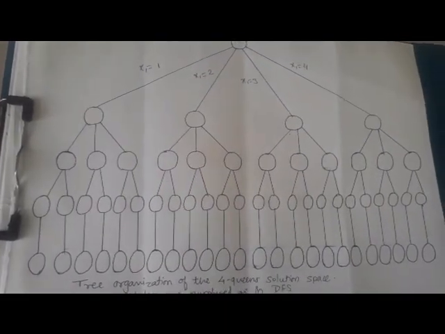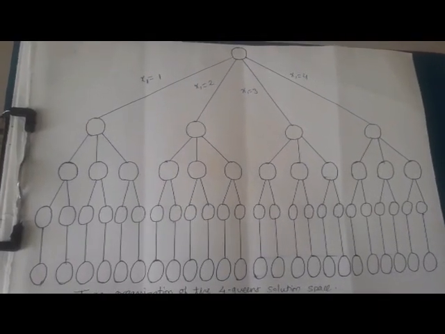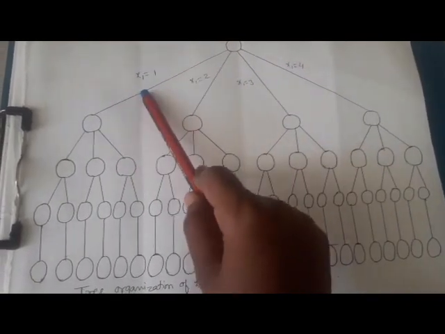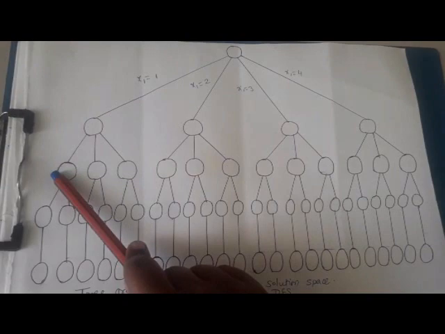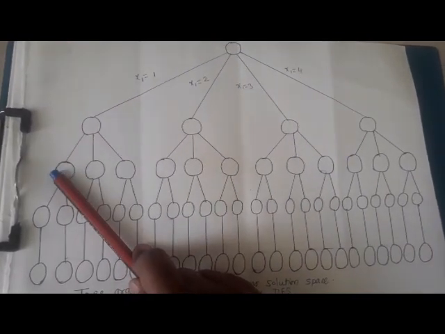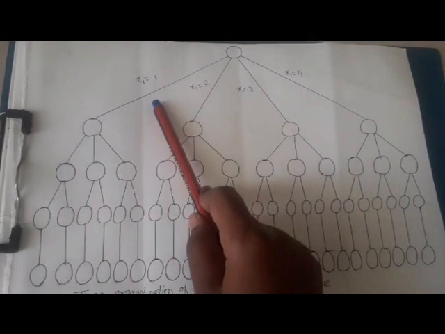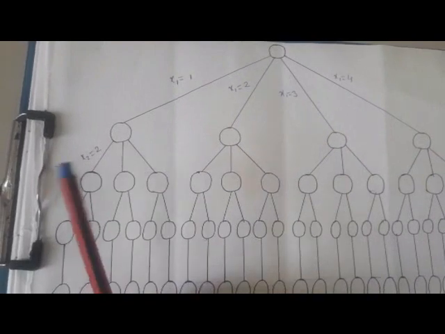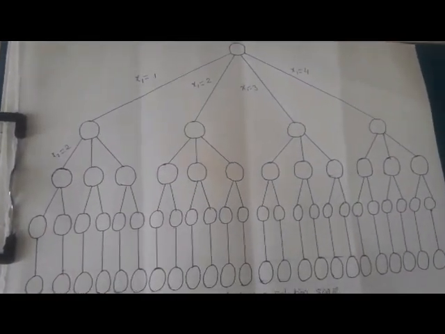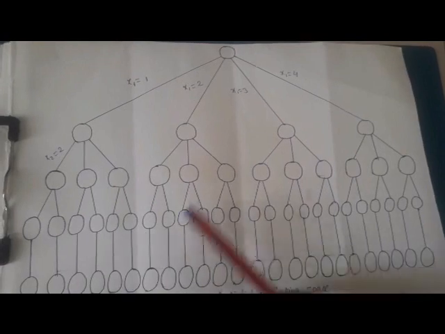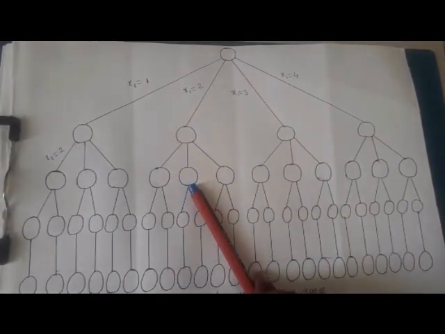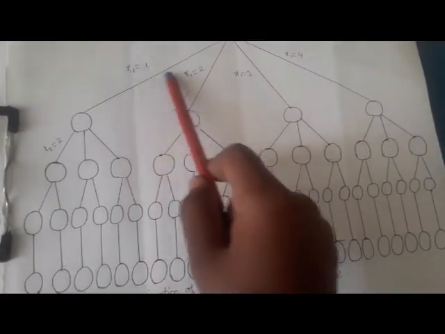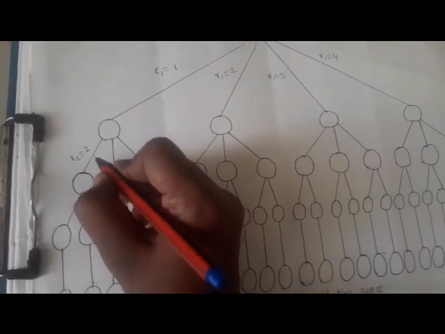Therefore the leftmost subtree contains all the solutions with x1 is equal to 1, and its leftmost subtree contains all the solutions with x1 is equal to 1 and x2 is equal to 2, and so on. Edges from level i to level i plus 1 are labeled with the values of xi. These are the values for x1, these are the values for x2.